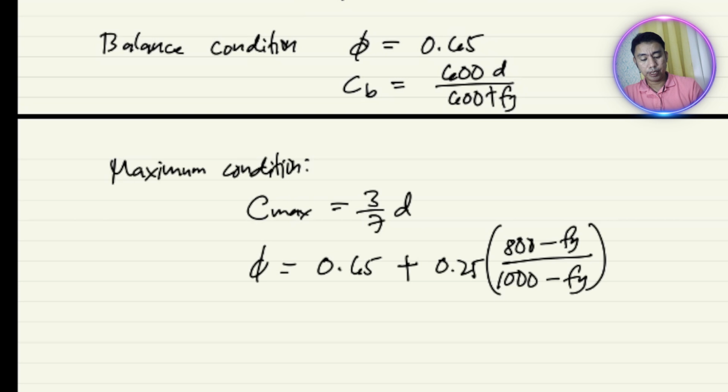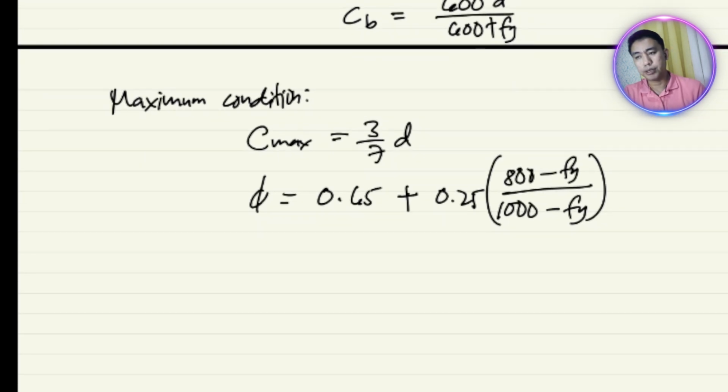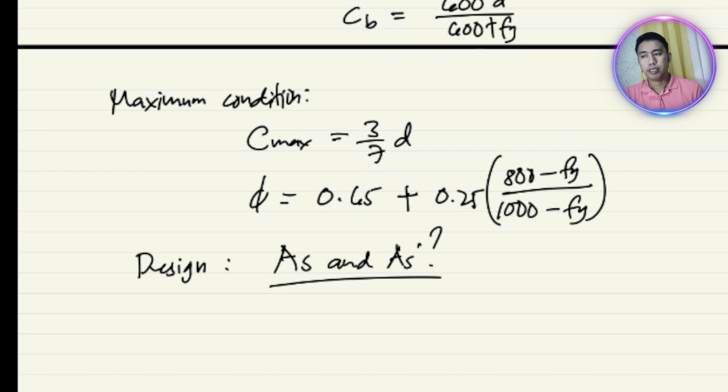Okay, so in concrete design, especially for beam, mayroon tayong dalawang approach. First is design, second is investigation. So sa design, ang designing is we determine AS and AS prime given MU.